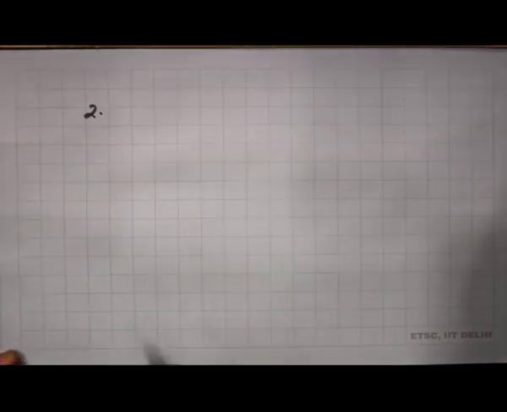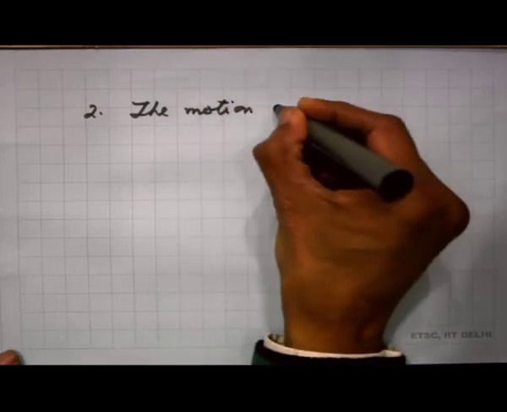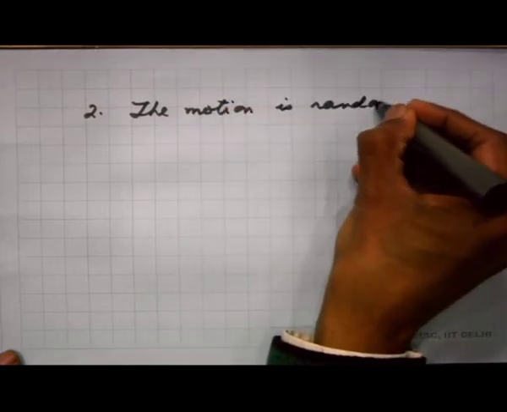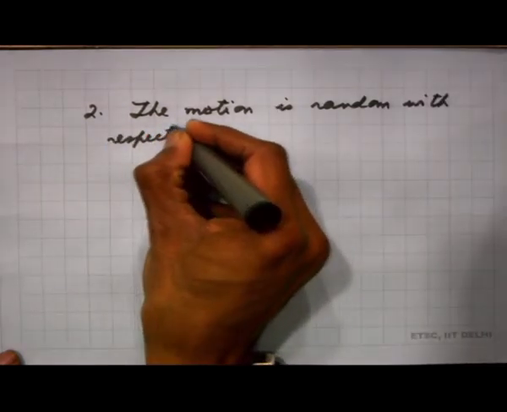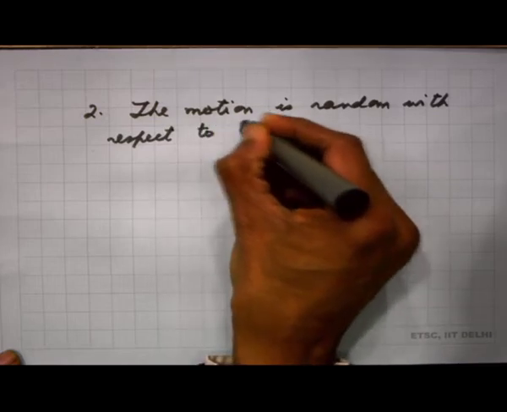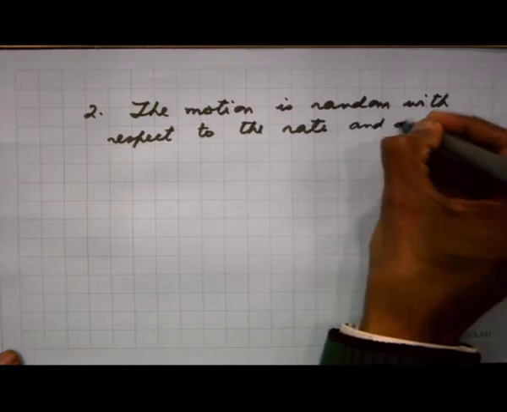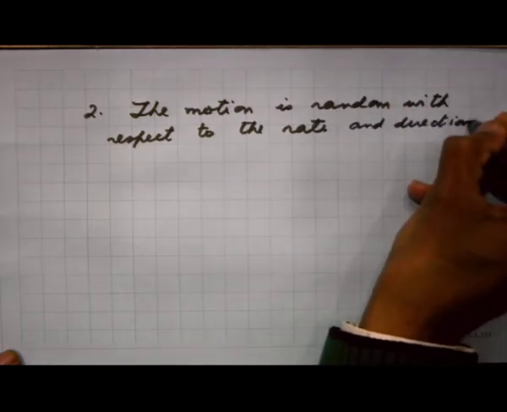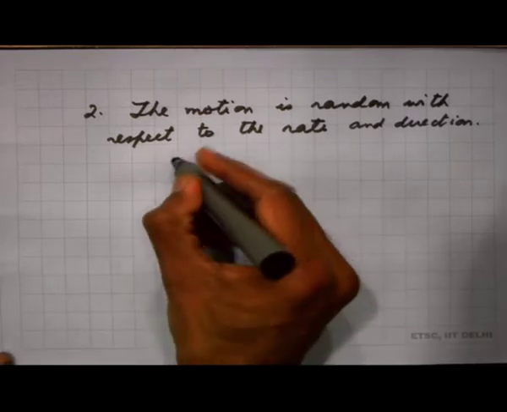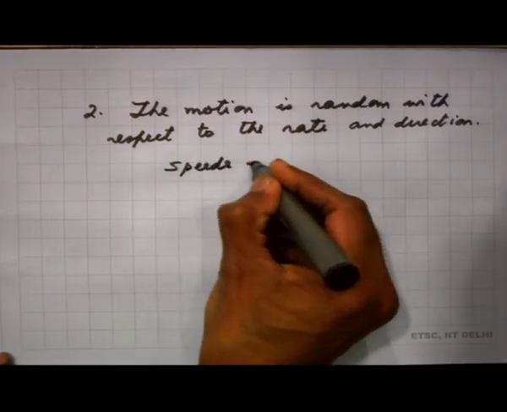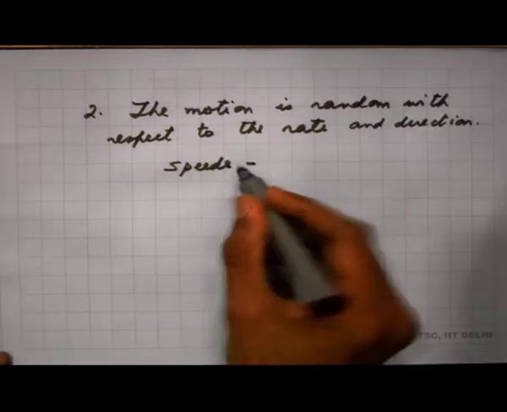The second thing is that the motion is random with respect to both the rate and the direction. When we say it is random with respect to rates, we are talking about the speeds of the molecules.